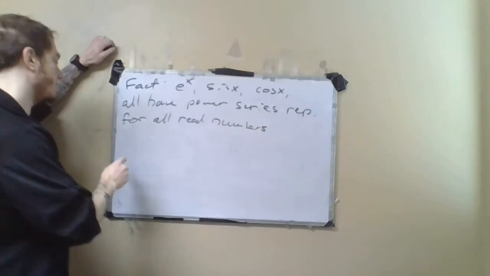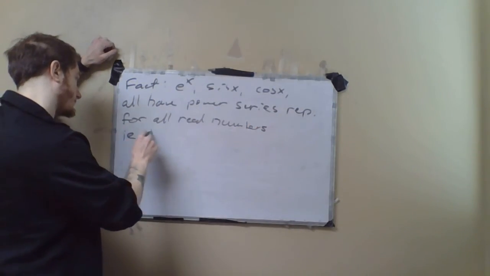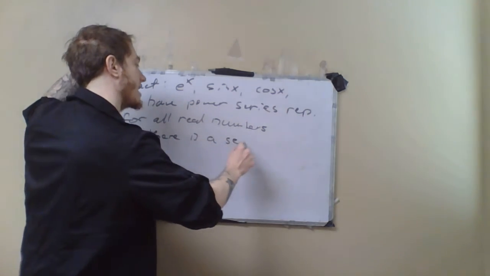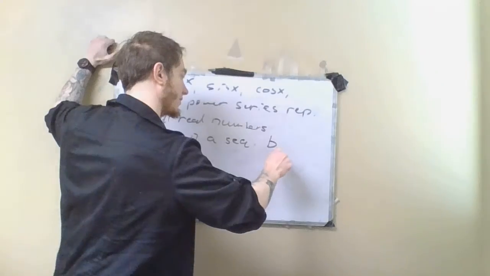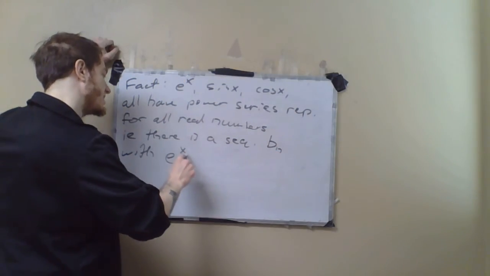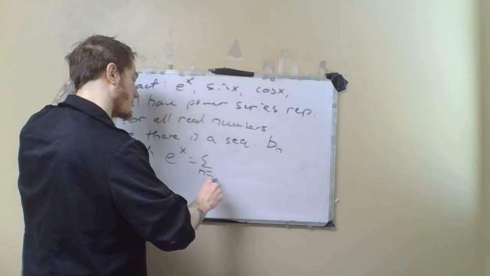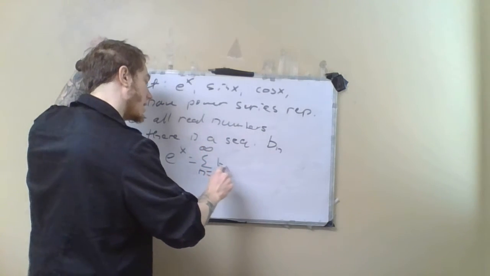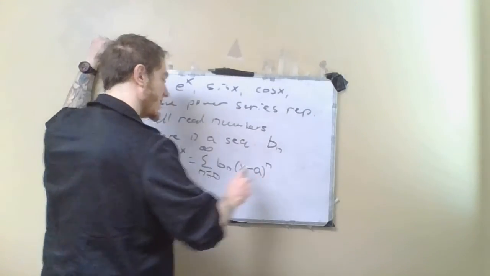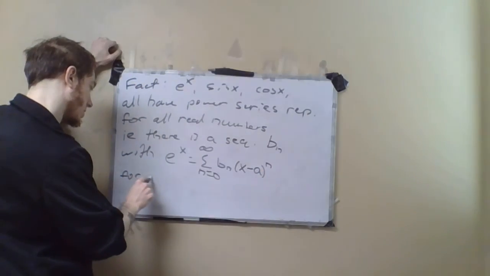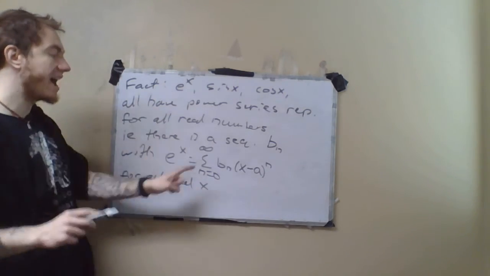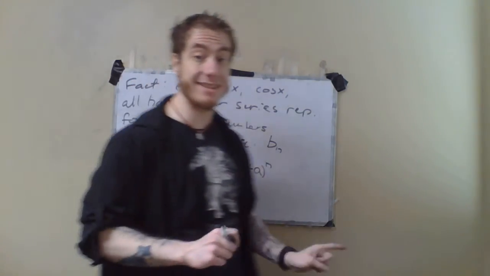So what this means is that there is a sequence b sub n with e to the x equals the sum from n equals 0 to infinity of b sub n times (x minus a) to the n for all real x. And in fact, we are going to calculate what this is next time.